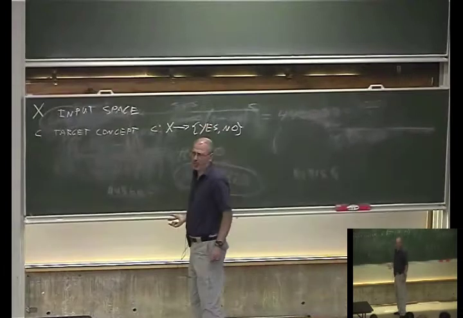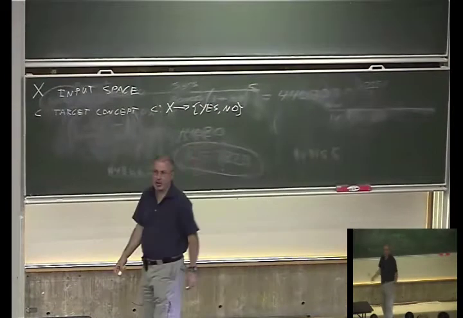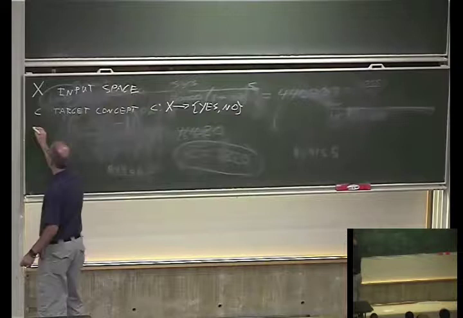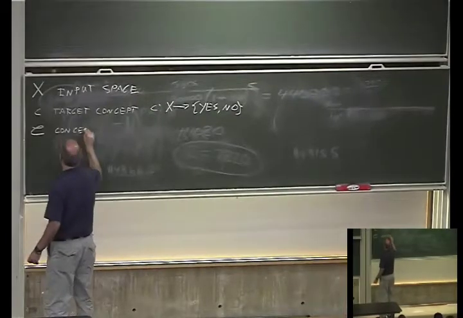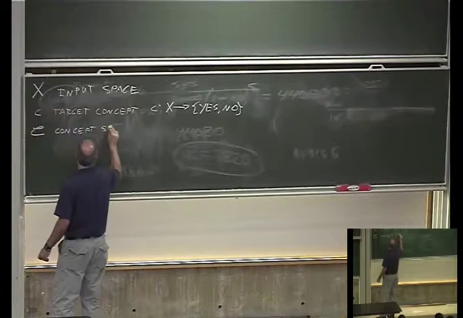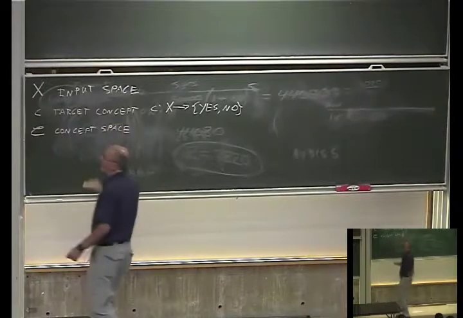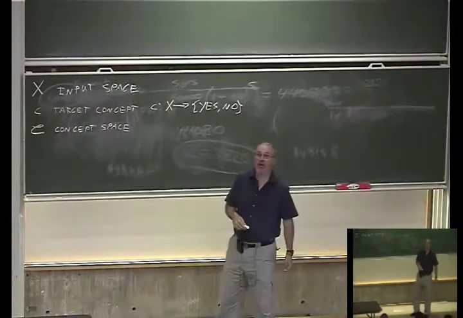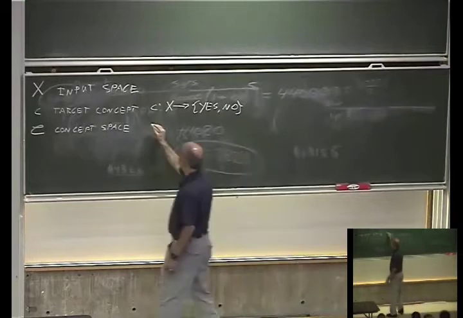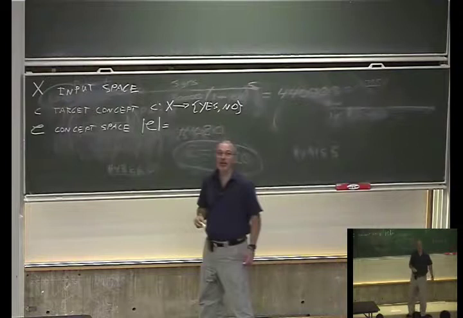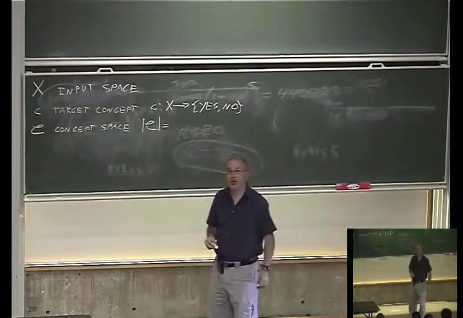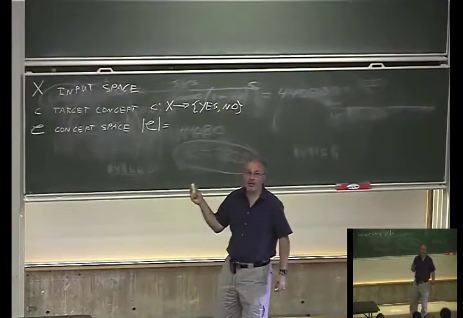Small c comes from a space of all possible concepts, which I call big C or curly C. This is our concept space. The important thing to remember about it is it's very, very big. The size of C, namely the number of possible concepts, is 2 to the power of the size of the input space.